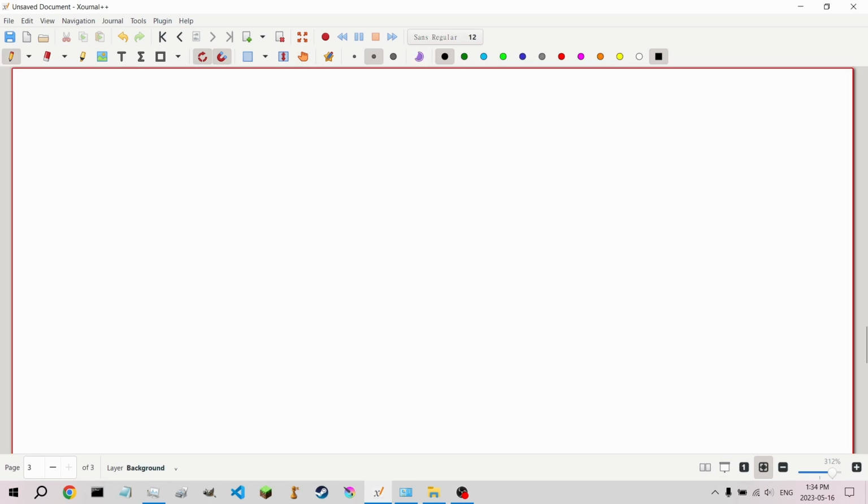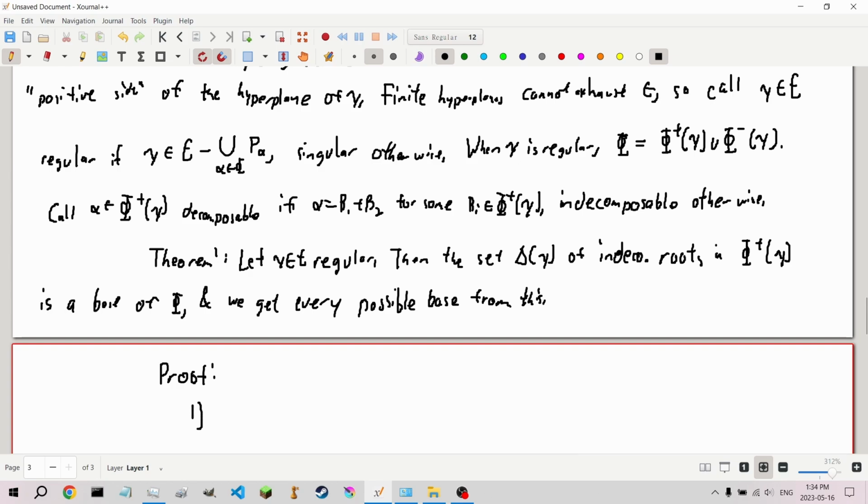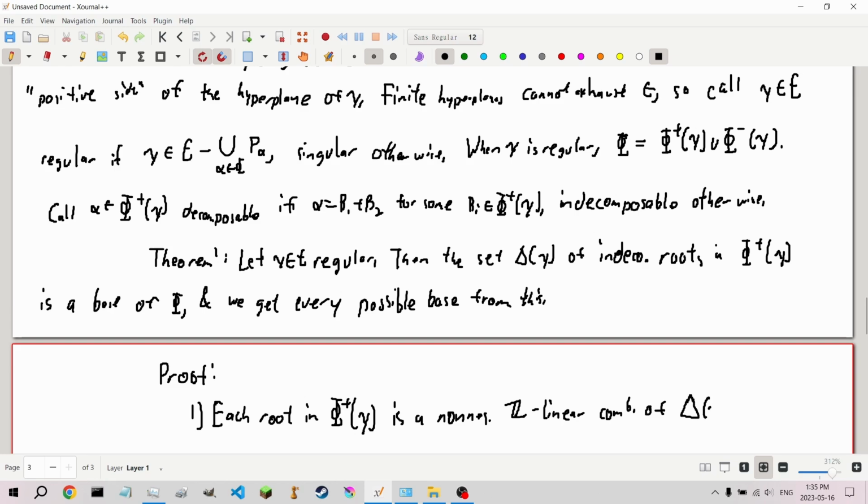We need a new page. Okay, first part. Each root in phi positive of gamma is a non-negative Z-linear combination of elements in delta of gamma.